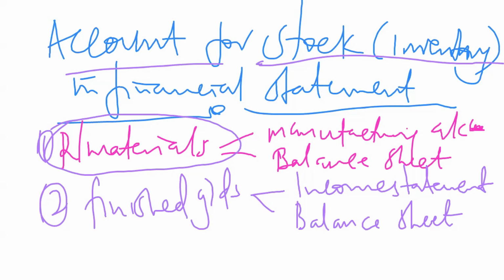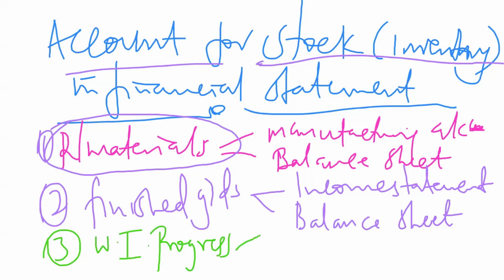So the third category is our work in progress. Work in progress is something that is not all that complete and it's not all that raw material. So it is in the middle there. It is incomplete. So the work in progress is found in the manufacturing account. And we also have it in the balance sheet, the closing work in progress.